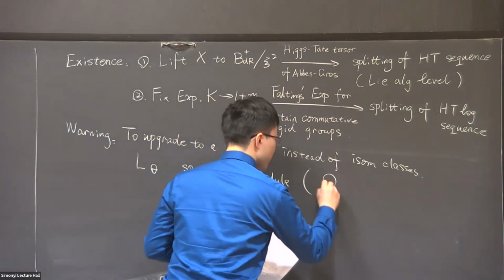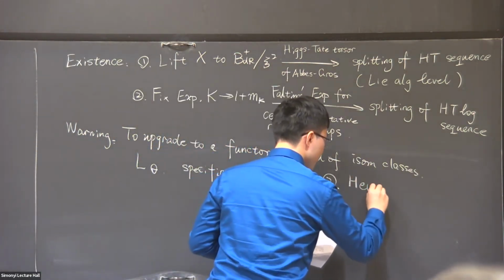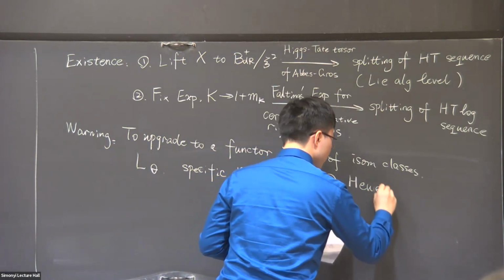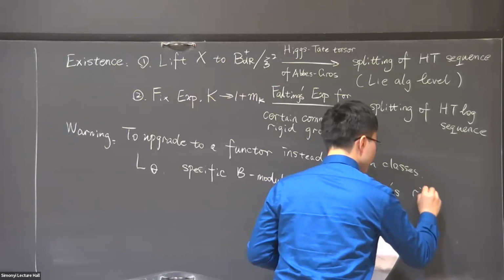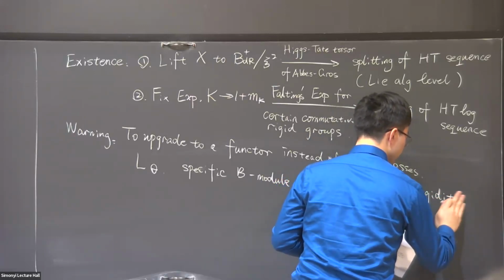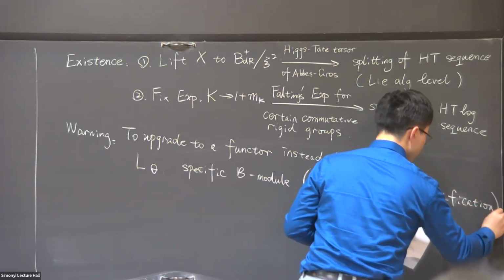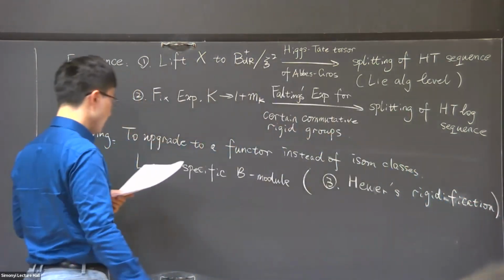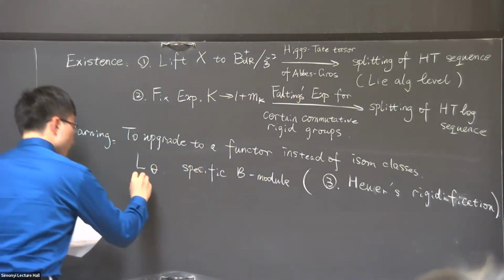Then this is the third ingredient of the proof, which is Heuer's ingenious, I mean, it's very ingenious to me, rigidification of these pro-étale bundles.